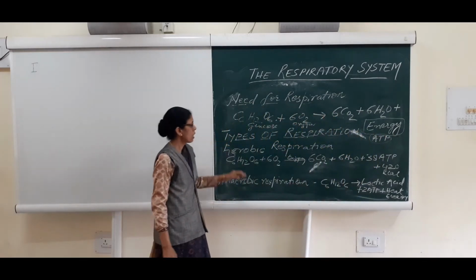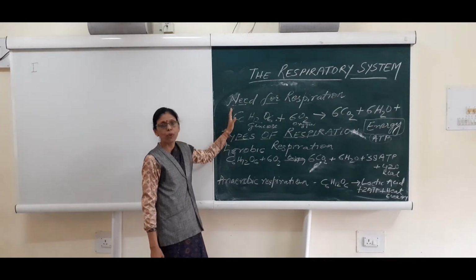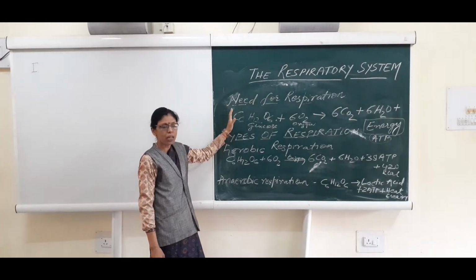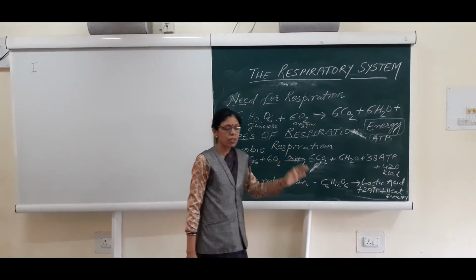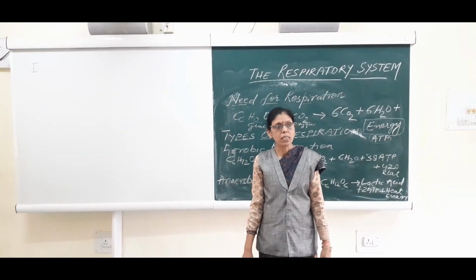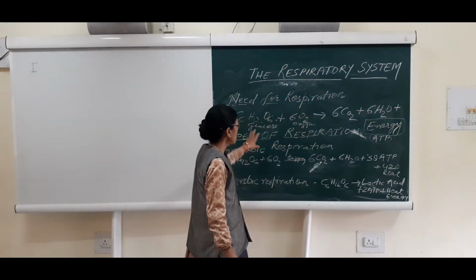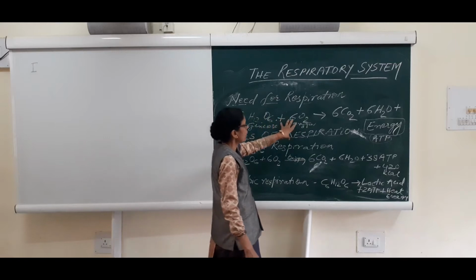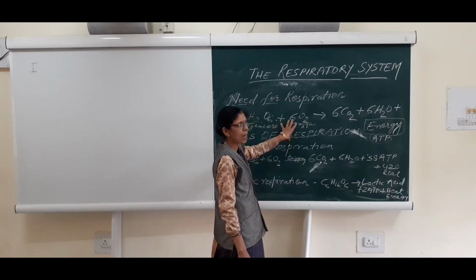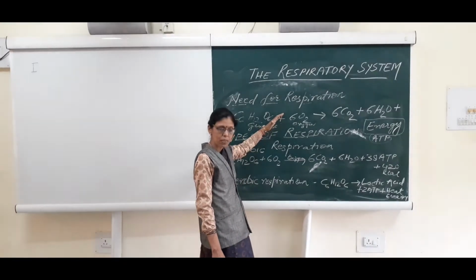Now, if we see this equation, this reaction is carried out in various steps. What are those steps? The first is that it takes place in cells or tissues. Number two, these steps are chemical steps and they are carried out with the help of enzymes.